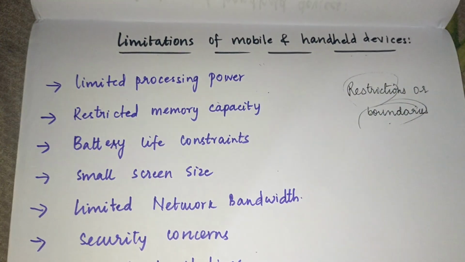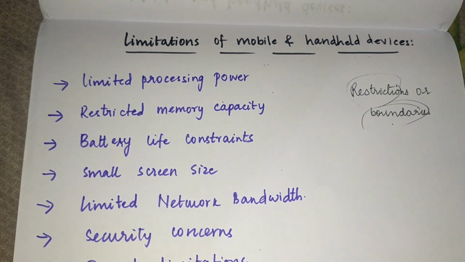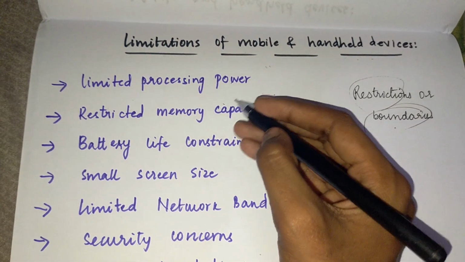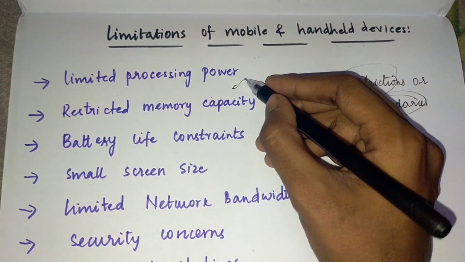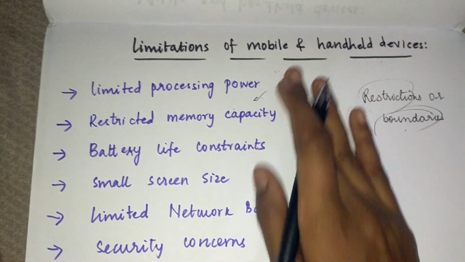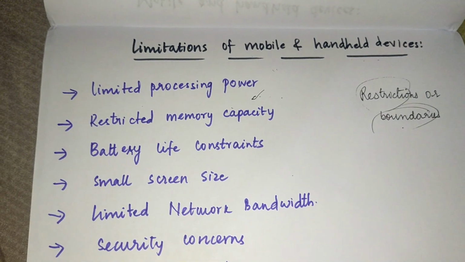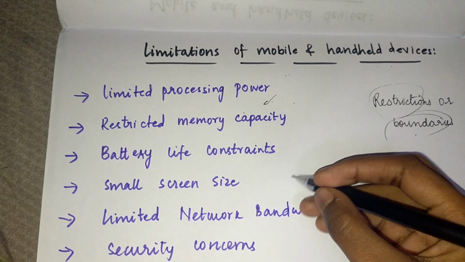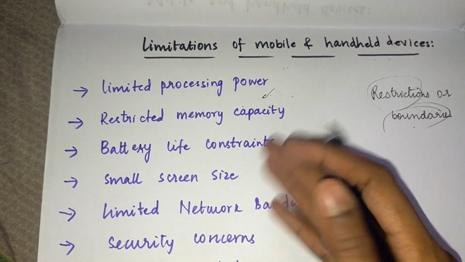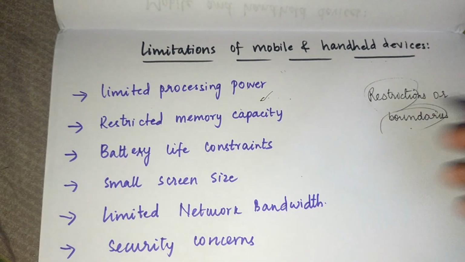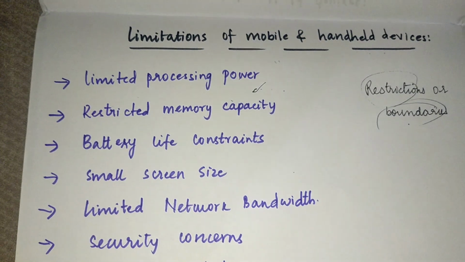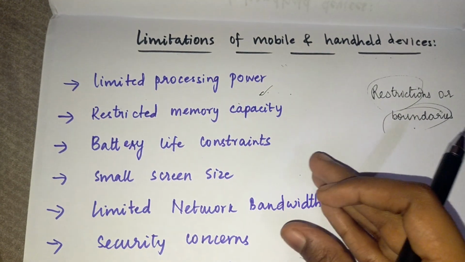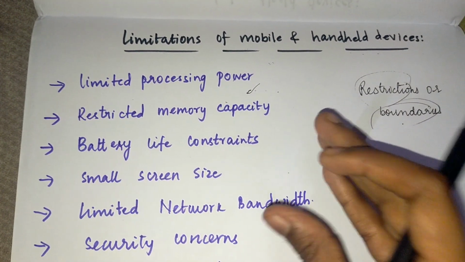The first one is limited processing power, which means mobile devices often have less computing power. These computers and computer technologies store and manage information, but in phones this is in a limited capacity.